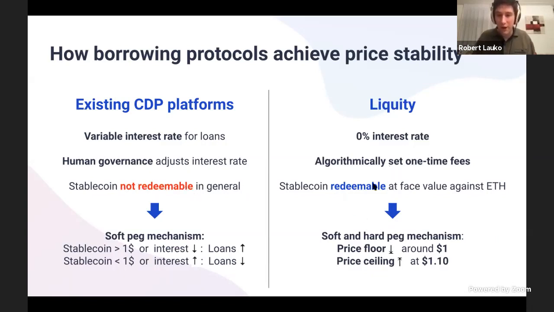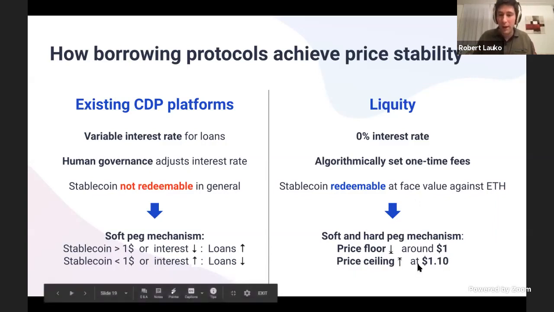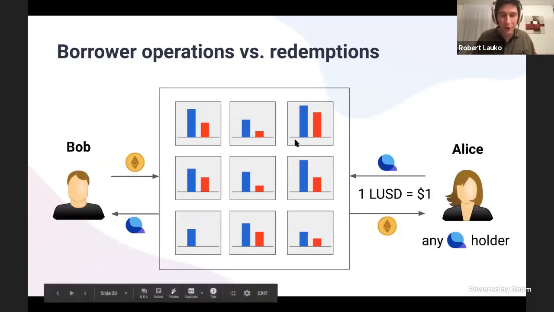With the fact that we have a redeemable token and also a relatively low collateralization ratio of 110%, we can create a price floor and a price ceiling. So we can basically squeeze the price between those two boundaries, which would act as relatively hard boundaries compared to the soft peg mechanism that I mentioned here. But we'll see how that works.